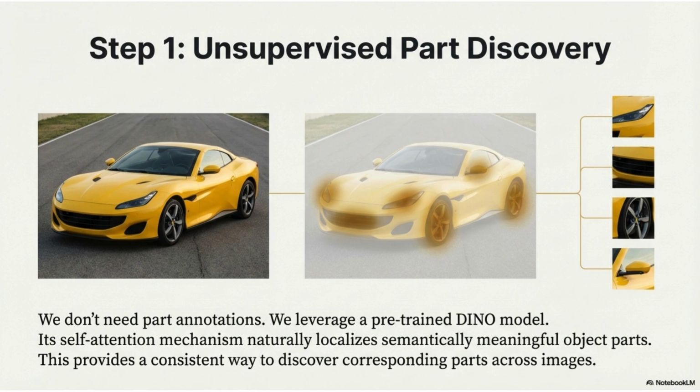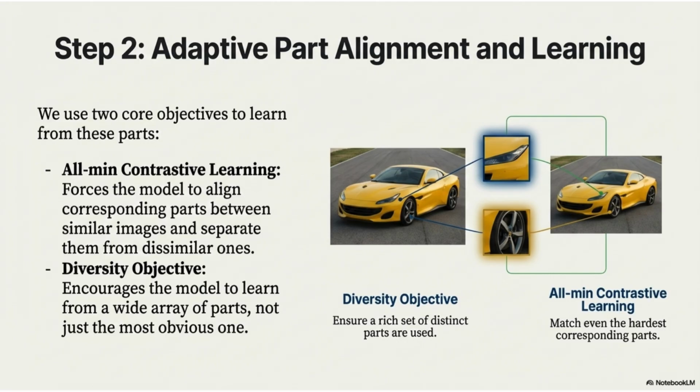We use this as a prior. We introduce a set of learnable queries that interact with these DINO priors to consistently locate corresponding parts across different images. So, query 1 might learn to always find the wheel, and query 2 always finds the headlight, regardless of the image.